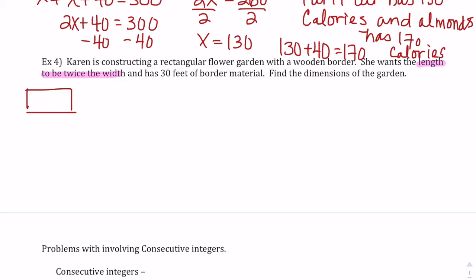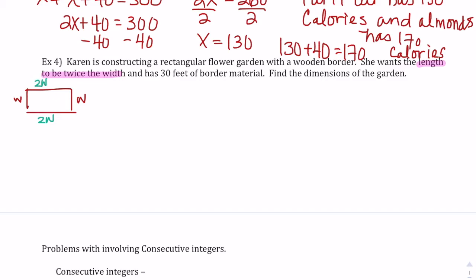So in this case, your width is your little equation you start off with. So if I'm going to let this part equal to width, you have to remember that in a rectangle from geometry, opposite sides are congruent, or the same. So this is going to be W also. And then they say the length is to be twice the width. So twice the width is going to be 2W.